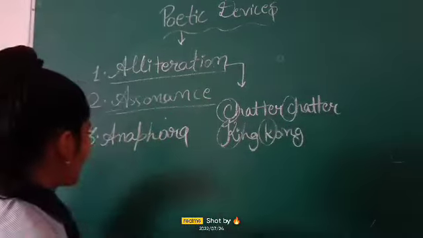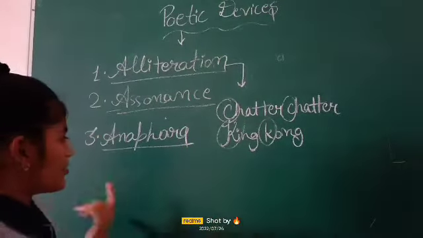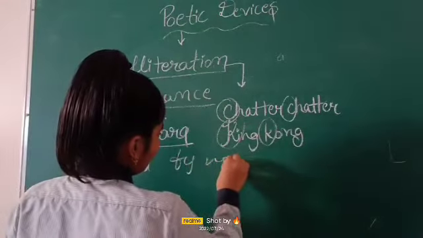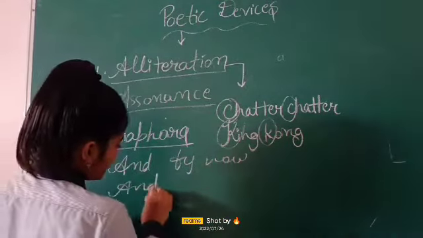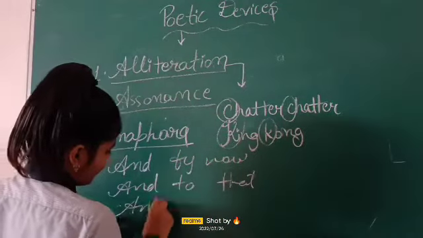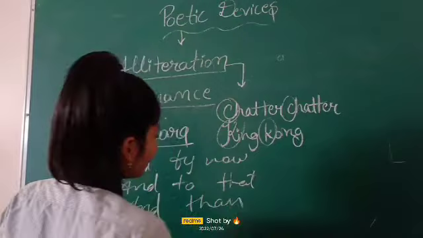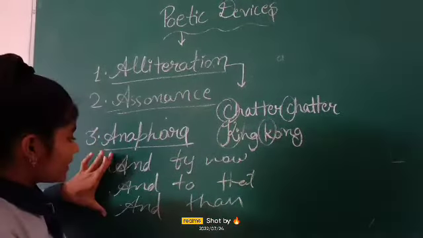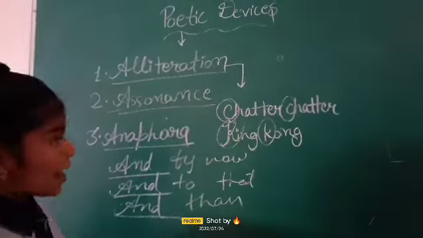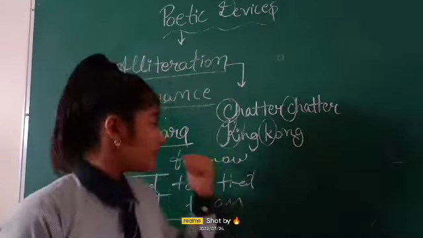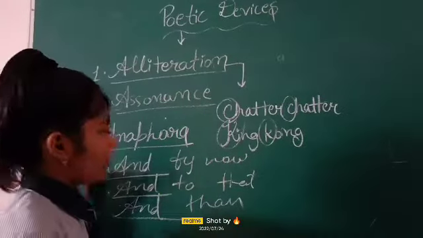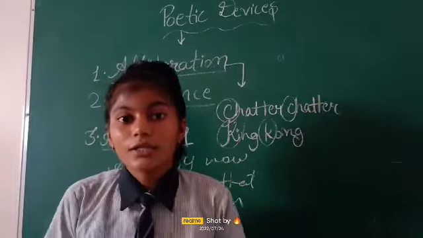We call it anaphora. Like if I say: just as, and by now, and to that, and then. In these sentences I have used "and" 3 times. There is repetition of "and", so this is anaphora.